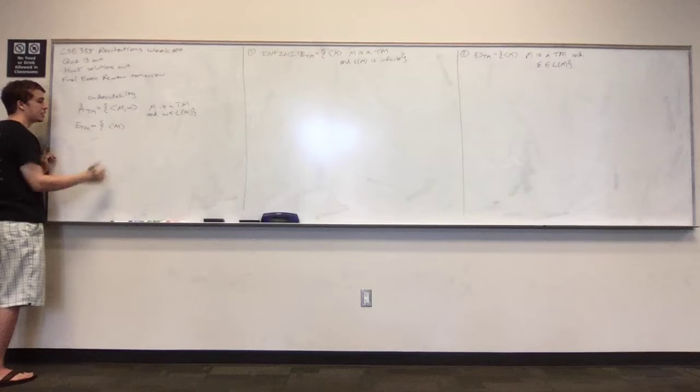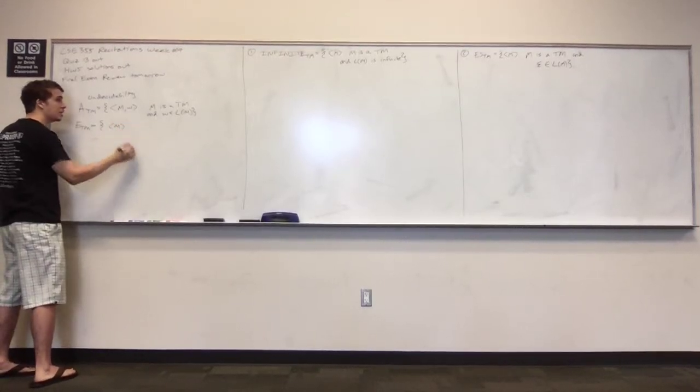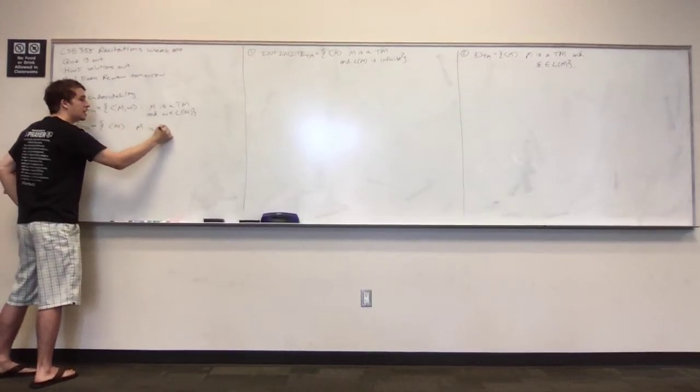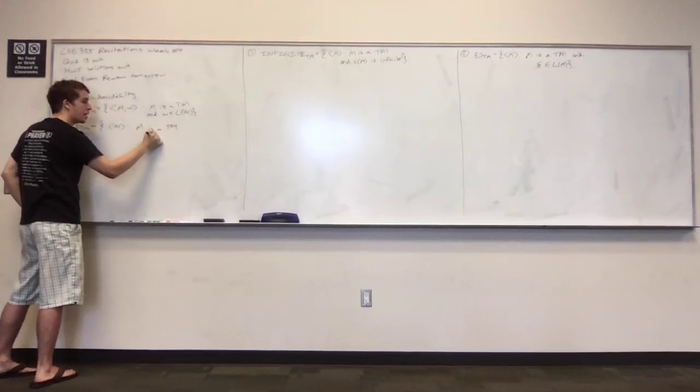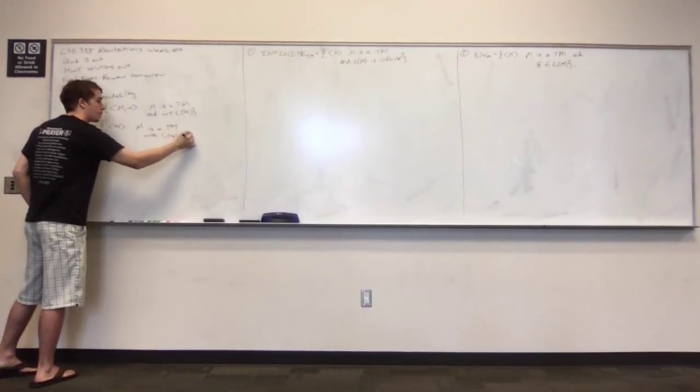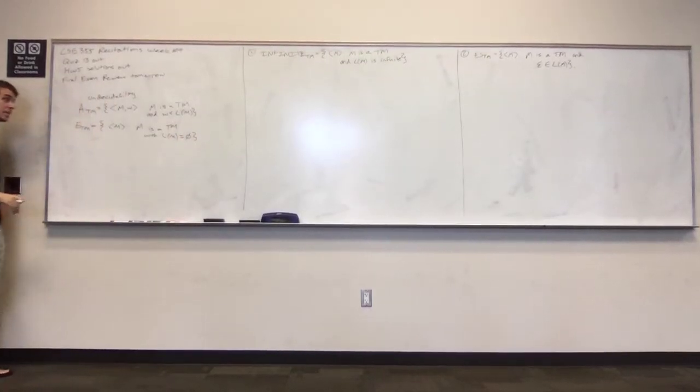It's a bunch of single machines, only machines, where M is a TM with empty language. And how did we show that ETM was undecidable? Right, if I could decide ETM, then I could make a decider for ATM, but that can't exist. So there's no way that ETM could have been decidable.